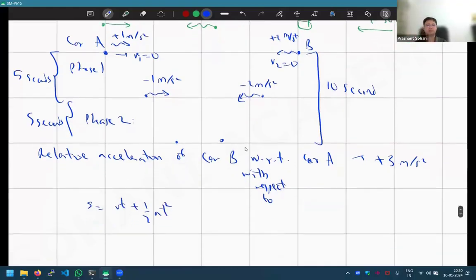Initially, car A will see that car B is also stationary, so the initial velocity is 0. And so therefore, the displacement is going to be half into 3 into, and I should say minus 3, because it looks like it is approaching me, into 5 seconds, so 5 square, right? So therefore, it is going to be 37.5, 75 by 2, right?